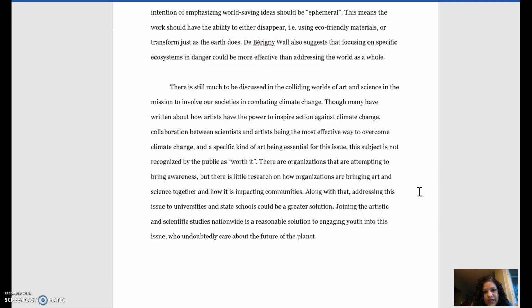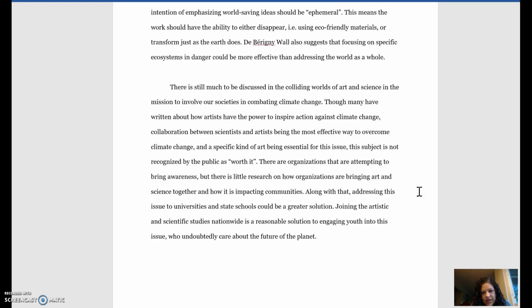There's still much to be discussed in the colliding worlds of art and science in the mission to involve our societies in combating climate change. Though many have written about how artists have the power to inspire action against climate change, collaboration between scientists and artists being the most effective way to overcome climate change, and specific kinds of art being essential for this issue, this subject is not recognized by the public as worth it.